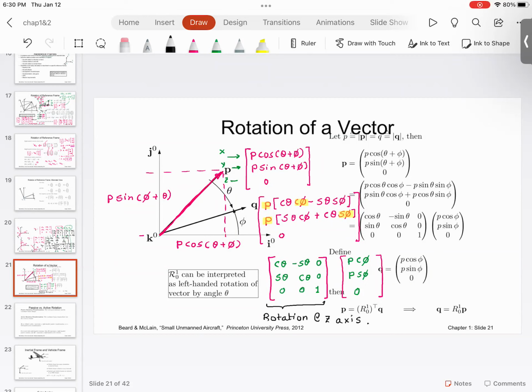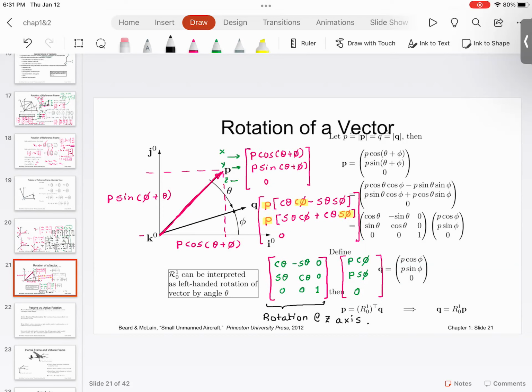I found out the projection of P onto x and y axis, and then from that expression, I separated out P cosine theta and P sine theta, which are nothing but, think about it, the vector which was at a certain angle got moved over here, and I found out the component of this vector that is making an angle phi, took it out, and what is left is nothing but the rotation matrix that is rotating the vector.